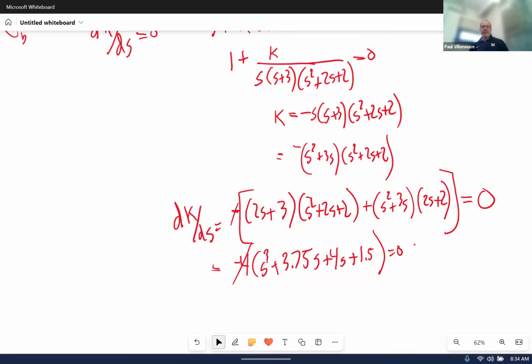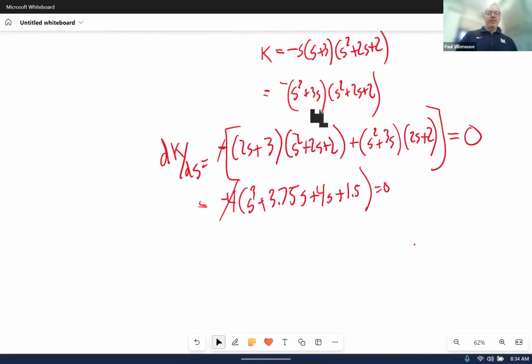And how do I find the correct value of S? I would probably use MATLAB. I'd put this in and find the roots, right? Because if I get the roots of this, then I know that one of those is going to make that derivative equation equal to 0.